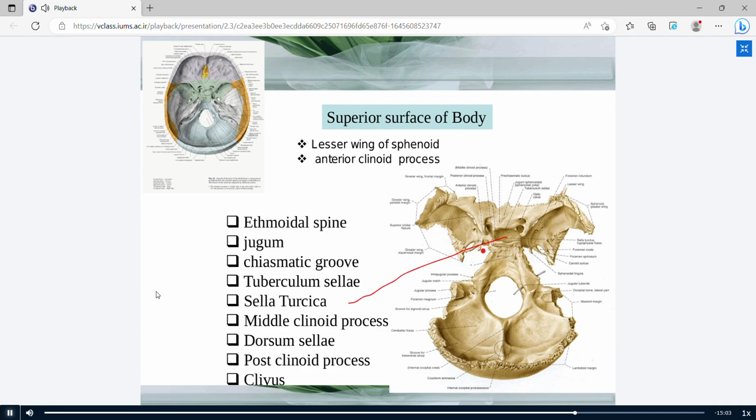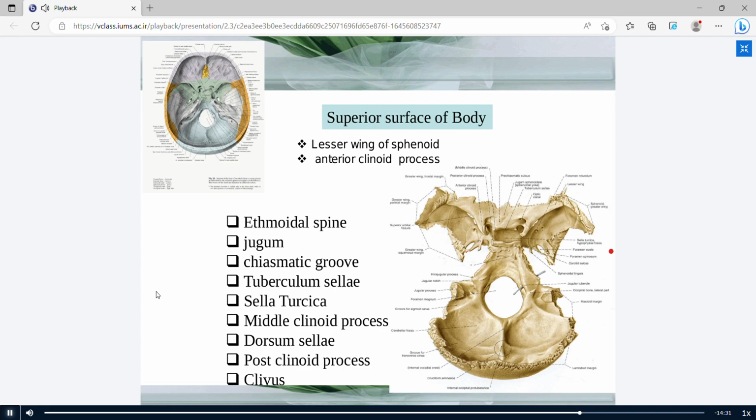And posterior to the sella turcica, you can see the dorsum sellae is here. Tuberculum sellae, sella turcica, and dorsum sellae. Actually, in the sella turcica there is the hypophyseal gland or pituitary gland located here.